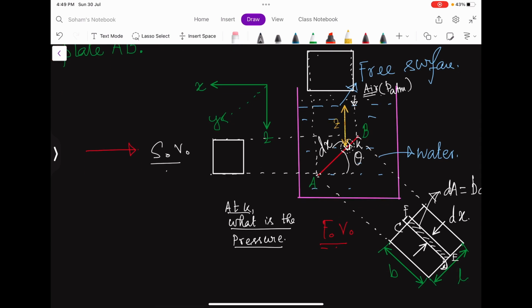So then we have this governing equation, dp dz equals minus rho g.